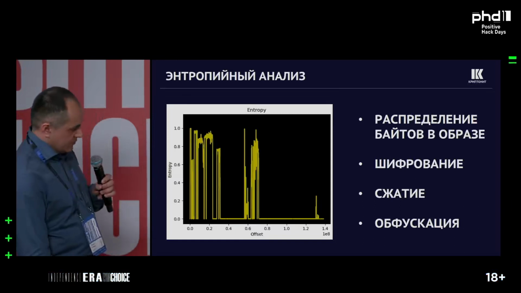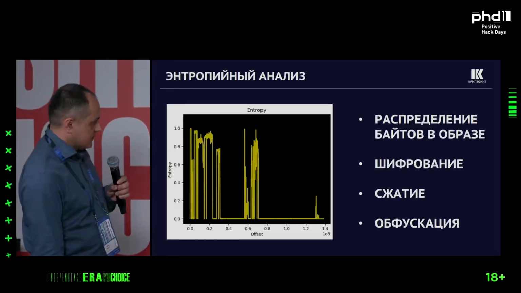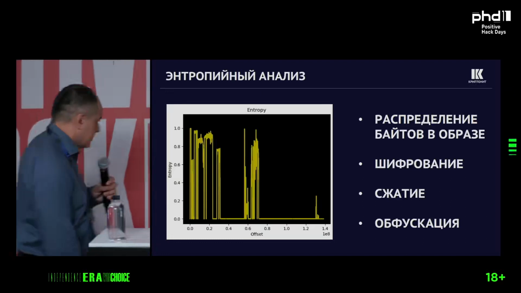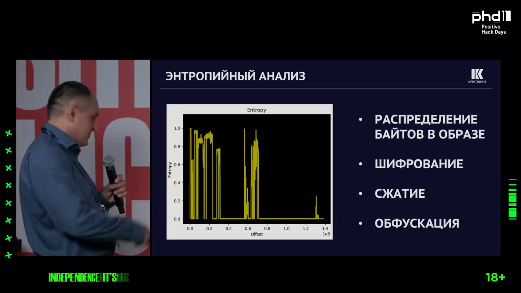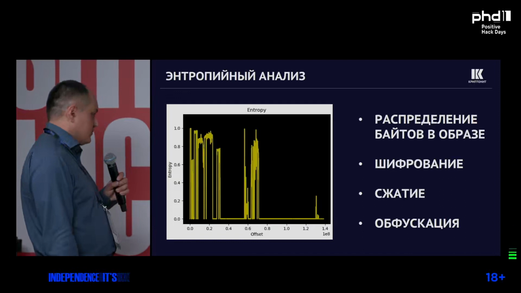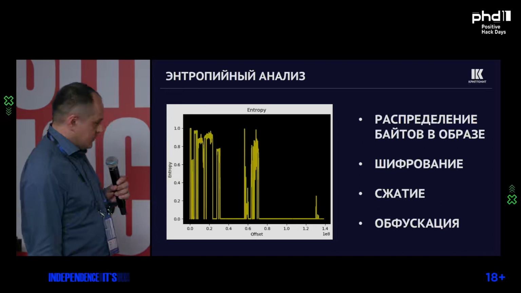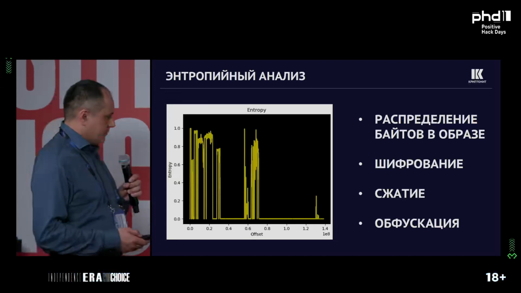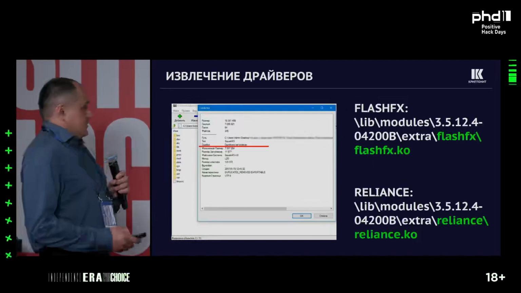The graph shows that zeros are FFs, and at max, these high levels in the middle are a squash file system. So this is an archived file system, that's why the entropy is so high.